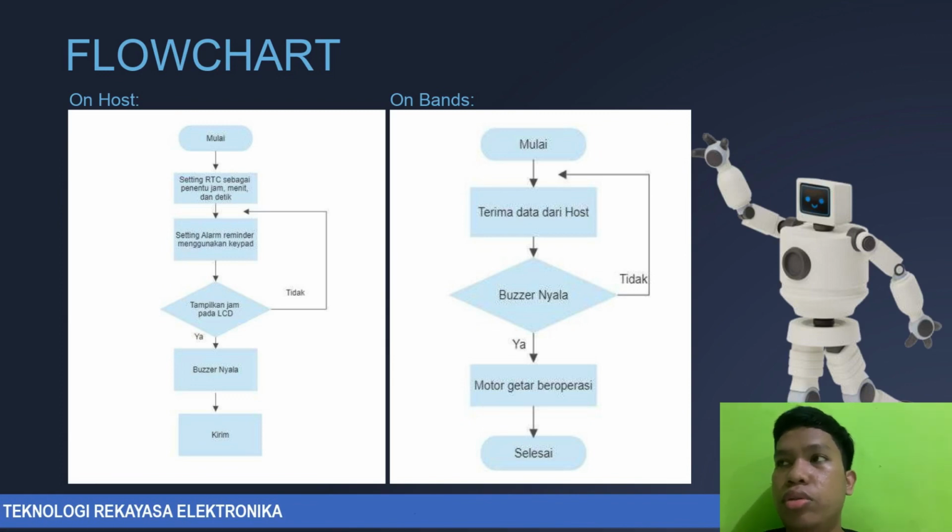We have two ESP32s, one in the box and the other in the armband. The ESP32 in the armband gets the notification from the ESP32 in the box, which turns on the vibrating motor, and I can feel the vibration on my arm. The two ESP32s have to synchronize, and the next slide will be explained by my friend.